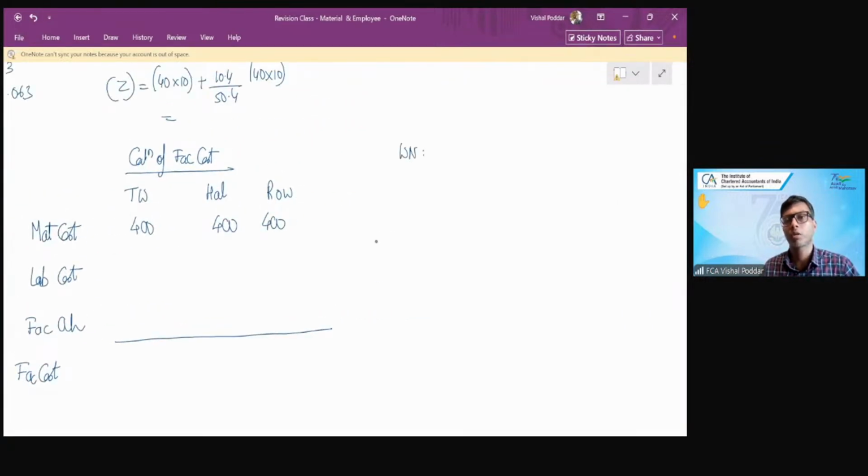So, working note: calculation of labor cost. Under time wages, that is normal time, it is actual time into time rate. Then under the Halsey plan and under the Rowan plan.